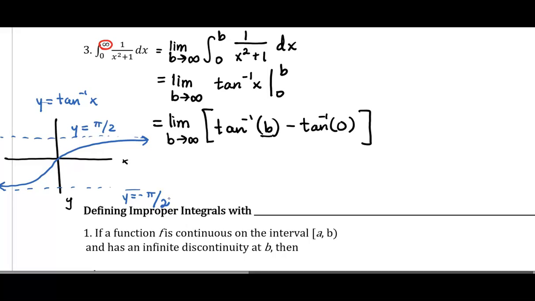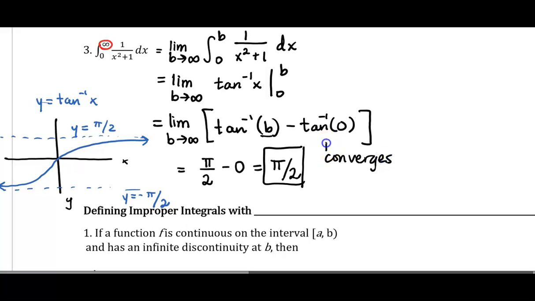There's a little 171 tied in there too, but we're able to combine all that to conclude that the limit as b approaches infinity of tangent inverse of b is pi over 2. And then tangent inverse of 0 is equal to 0. And so our final answer is pi over 2, which is a real number, which does mean that the integral converges.